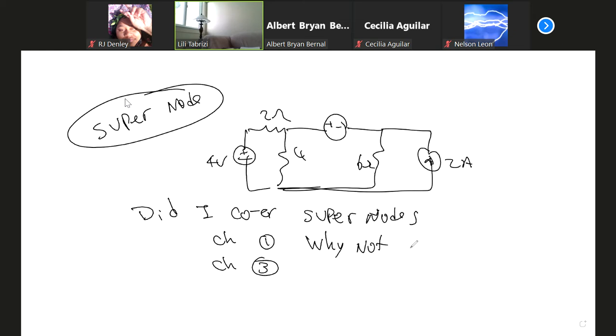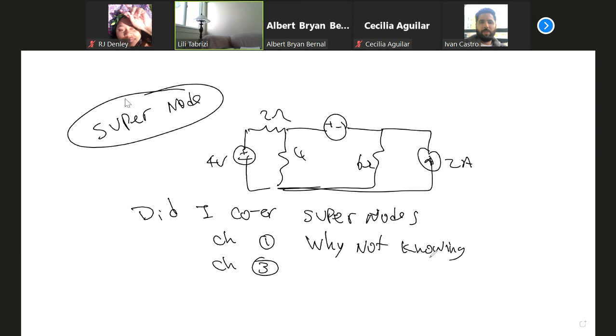Why not knowing what is supernode now? What's so difficult about supernode? I don't know how to explain it because I reached a point that I have to ask help from the students to see how to cover it.